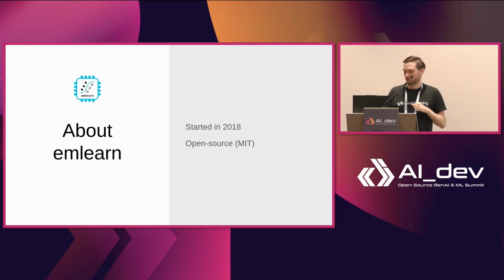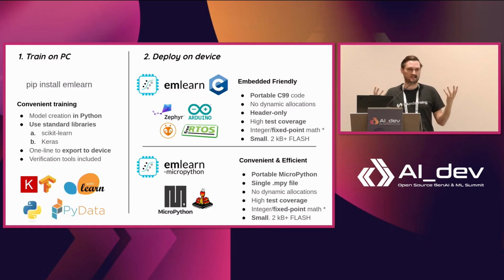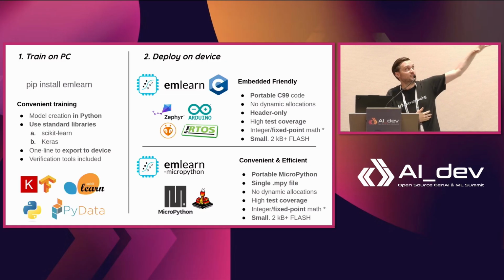So what is emlearn? It's an open source project that I started to do machine learning on these types of devices, or for these types of devices. It's composed of two parts, which reflects the stages of this type of development. There's training tools.